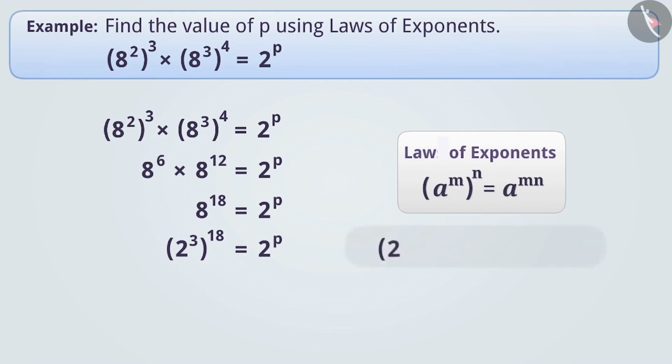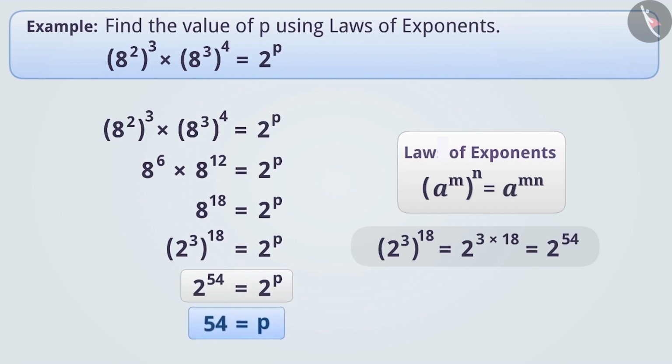Using this, we will get 2 to the power of 3 to the power of 18 is equal to 2 to the power of 3 into 18, which is equal to 2 to the power of 54. Now if we compare the left side and the right side, then it becomes easy to tell that the value of p is 54. Similarly, by using laws, we can solve complex questions.